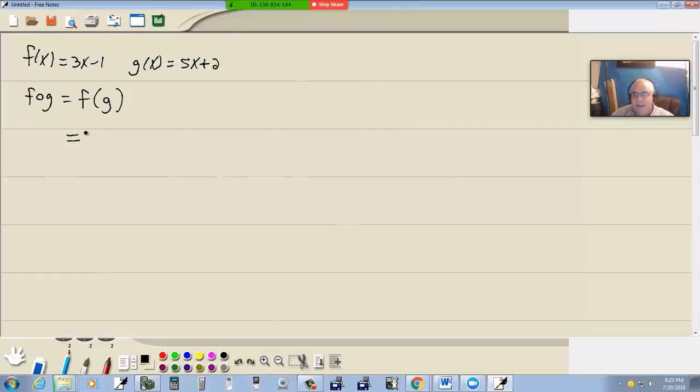Now this is just evaluating a function. You could think of it as covering up the g. So you put your finger over the g, and you're finding f of something. When you're finding f of something, you go to your f of x, and where your x is, you put in a set of parentheses. Same way as if you were finding f of 5. You would go through and put parentheses in where your 5 or where your x was.